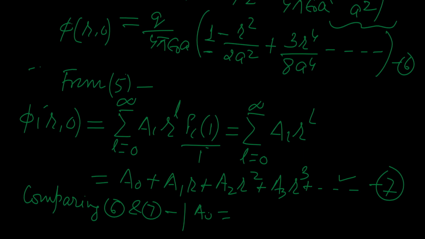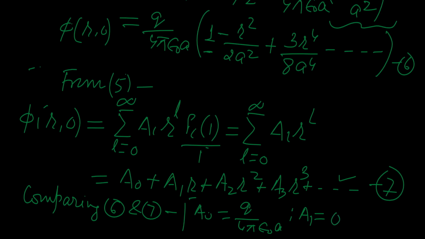So A0 will be Q over 4 pi epsilon naught a. Again, see, in equation 7 there is a term containing r, but in equation 6 there is no term containing r. It means A1 is equal to 0.